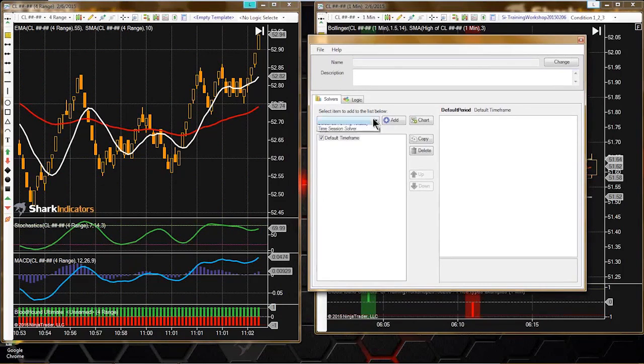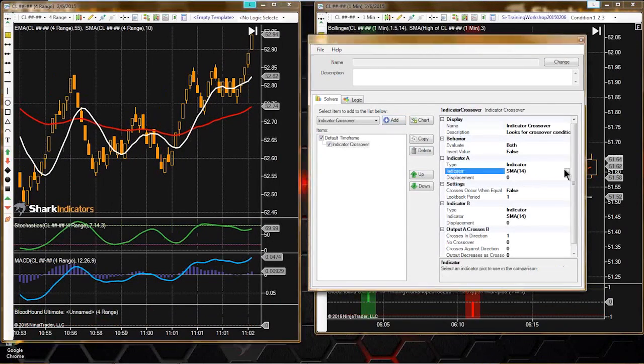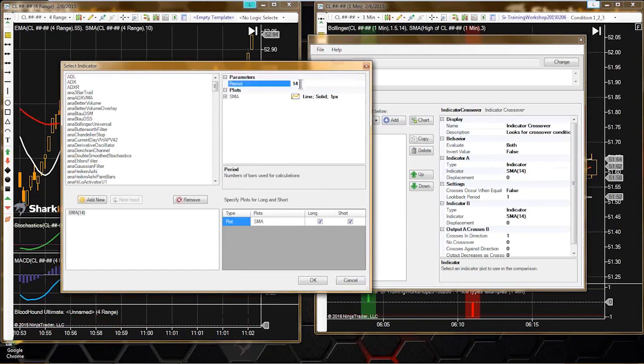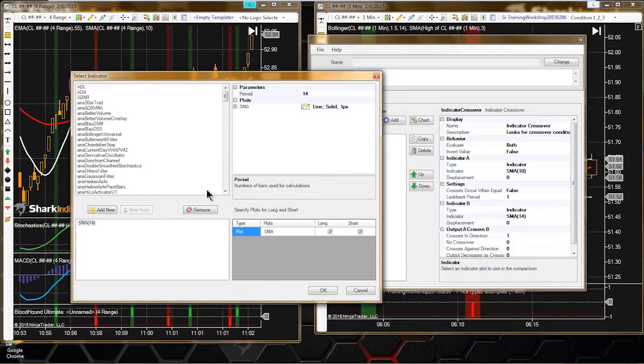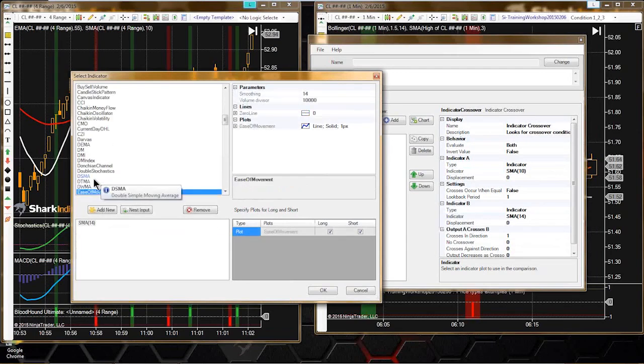I think that'll be a better demonstration here. So I'm going to build a crossover solver here, essentially looking for our 10 period SMA to cross our 55 period EMA. So let's change our SMA to 10, and let's change our indicator B to our EMA 55.